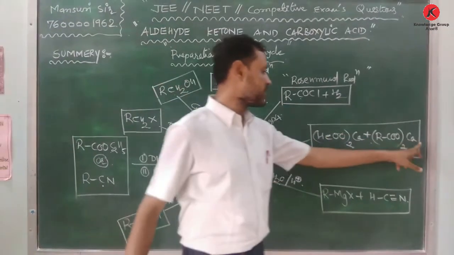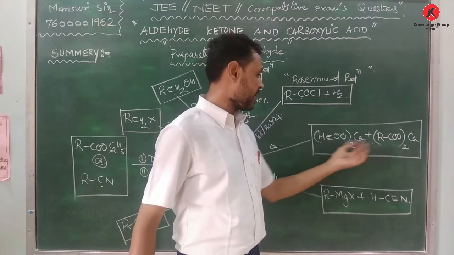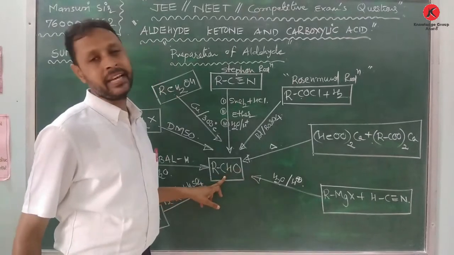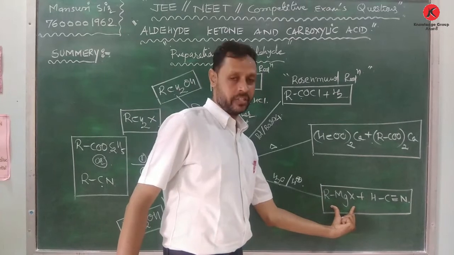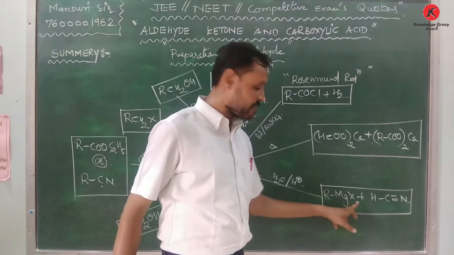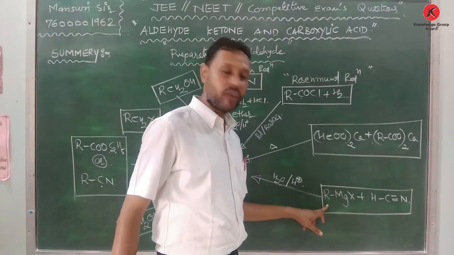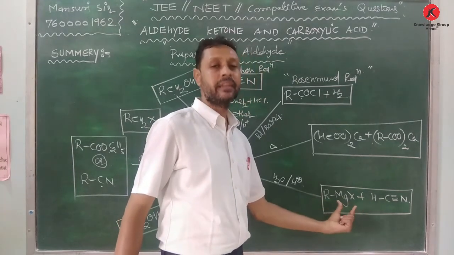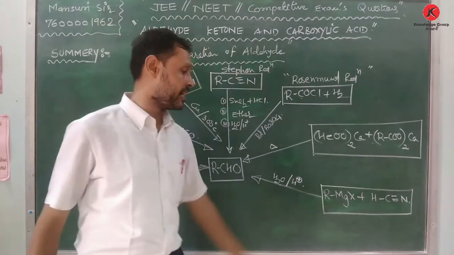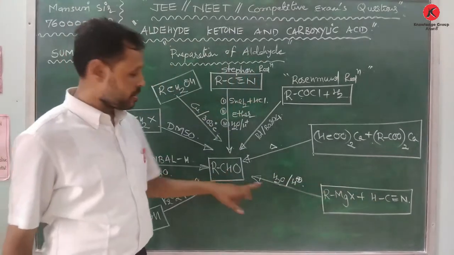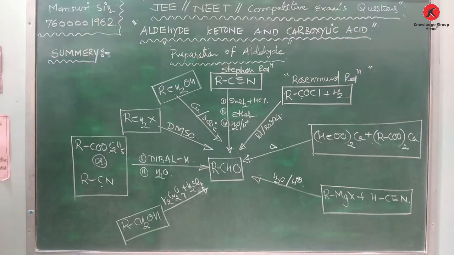Thereafter, when calcium carboxylate reacts with calcium formate, then also aldehyde forms. And thereafter, Grignard reactant, you know very well that CH3MgBr, CH3MgI or C2H5MgCl, this is Grignard reactant. Now Grignard reactant reacts with hydrogen cyanide and forms aldehyde by hydrolysis. So these were the preparations of aldehyde.